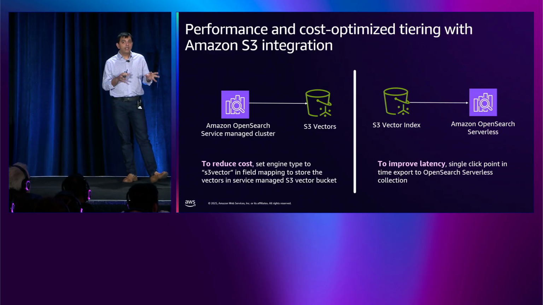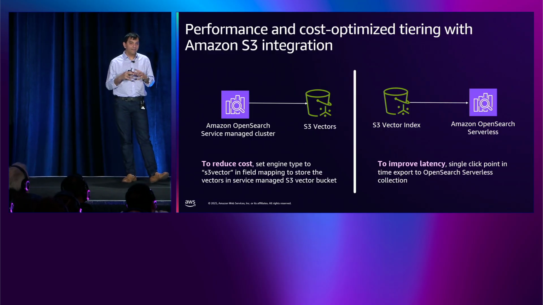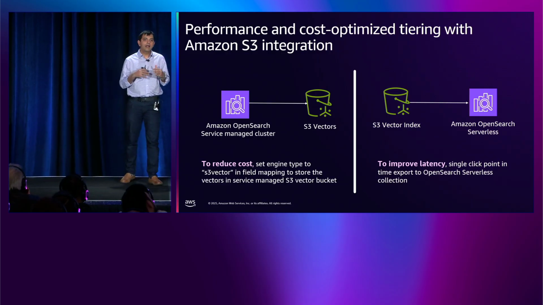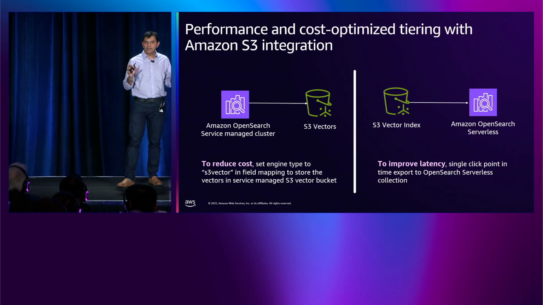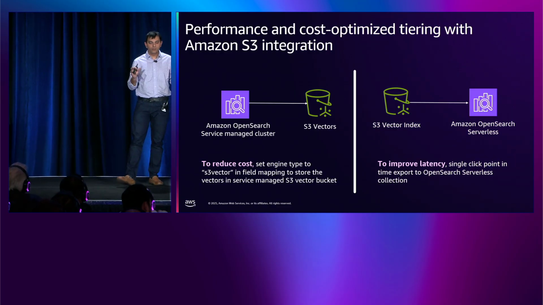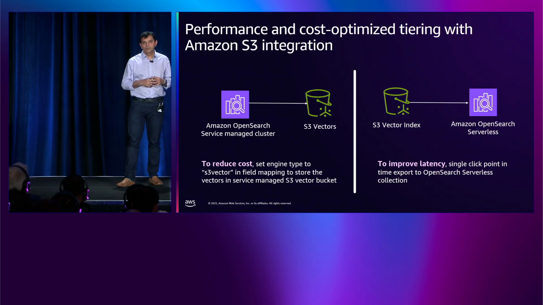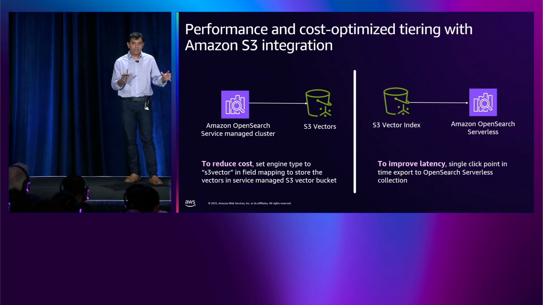This works really well for use cases where you don't have high TPS. At higher TPS, you may want to keep all of your vector data in OpenSearch as well. But for low to mid QPS use cases, the S3 vectors will give you an improvement in cost. So that's one way to use S3 vectors.